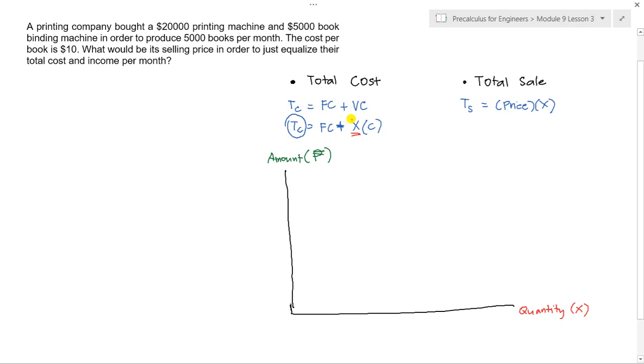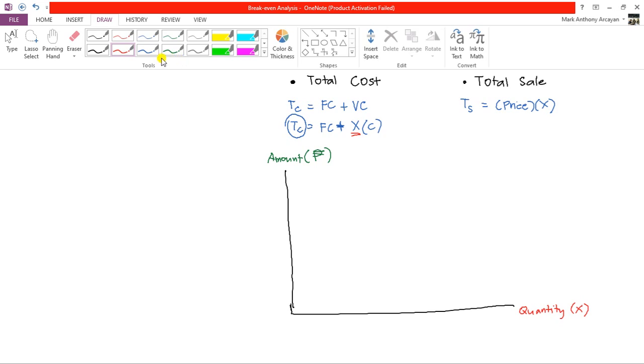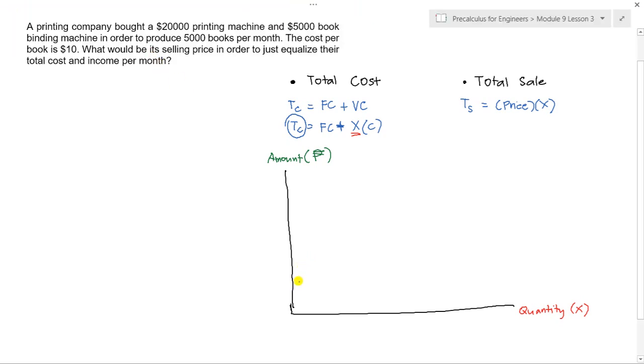So if we're going to graph this total cost, don't mind the fixed cost because it is constant. Since this is linear, let's just assume everything is linear.